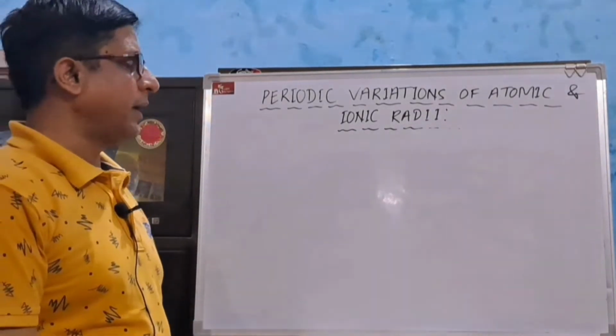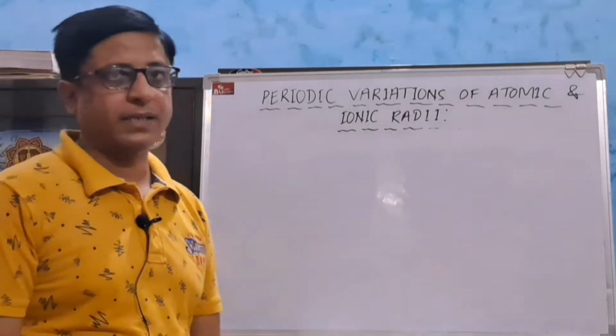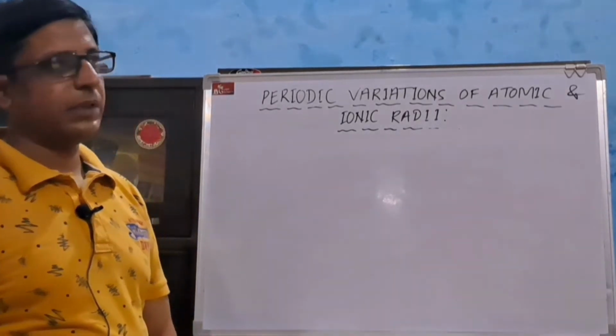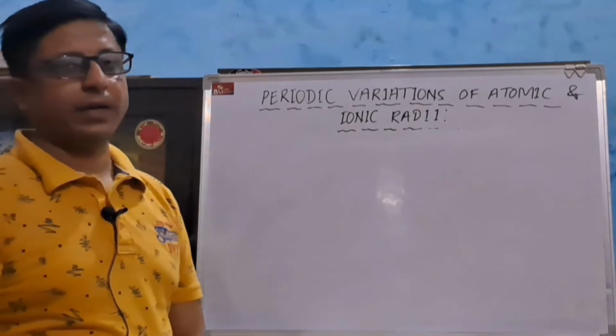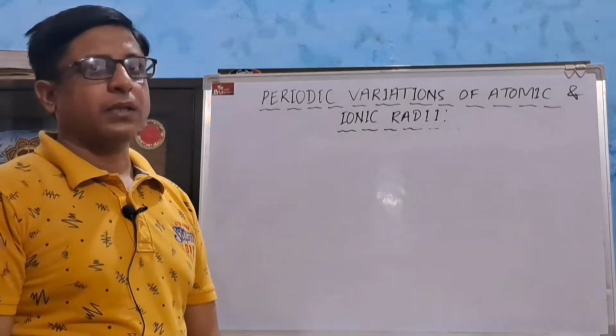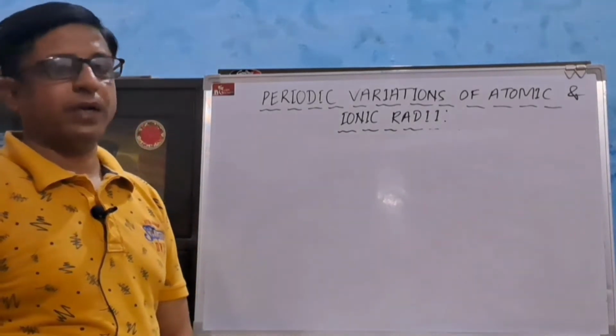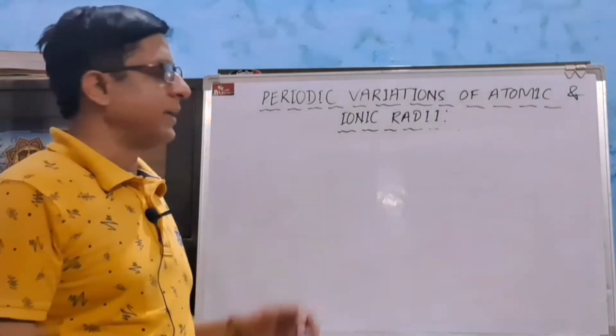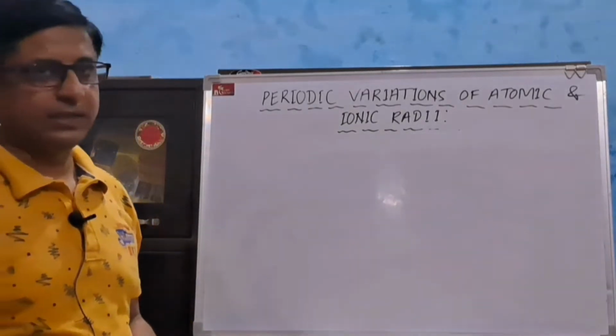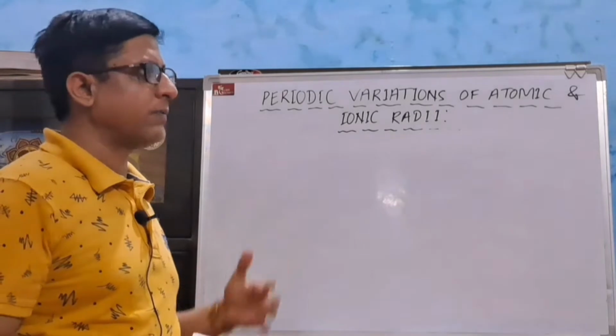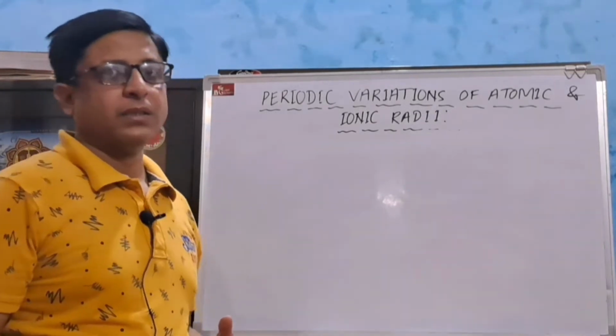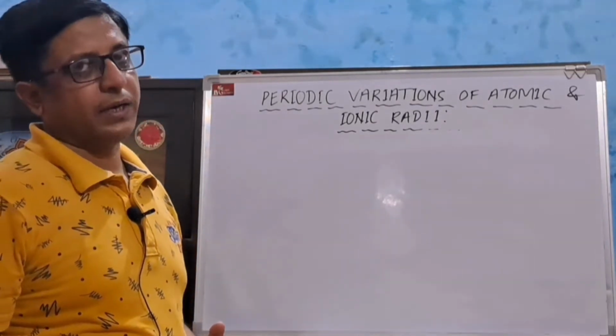Atomic or ionic radii may be defined as the distance between the nucleus of an atom and the outermost shell of electrons.